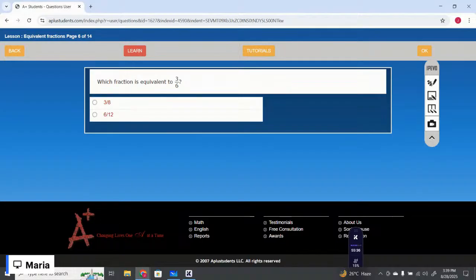Which fraction is equivalent to 3 by 6? That is 6 by 12 it is. Option number 2 is the correct option.